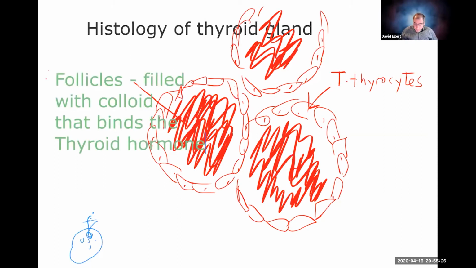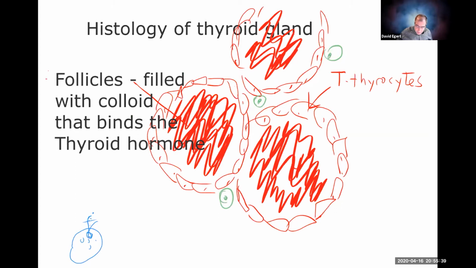There are also, obviously, cells that make the calcitonin, and those are found in the spaces in between. Outside are these things called C thyrocytes that make calcitonin.